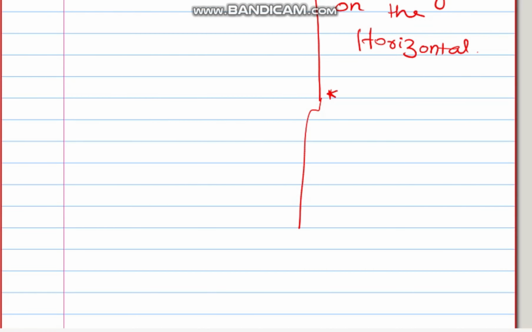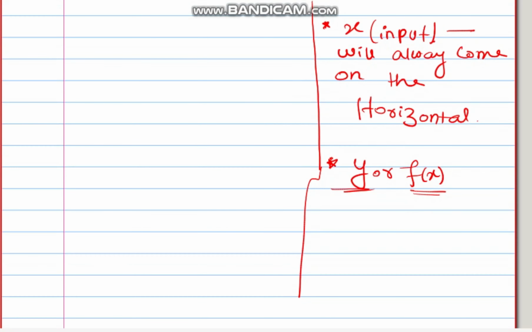Now again, one important point. And y or f of x is one thing. I told you in the previous lecture that y and f of x are the same thing. Basically, in the previous lecture we talked about functions, the introduction of functions in very detail, and we discussed everything.